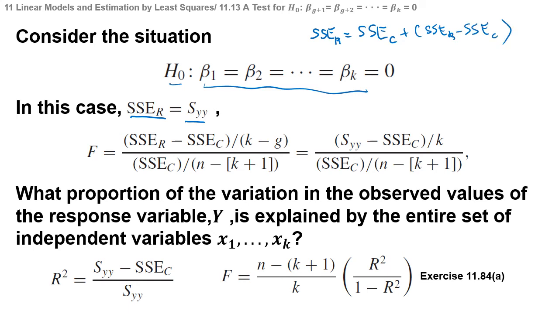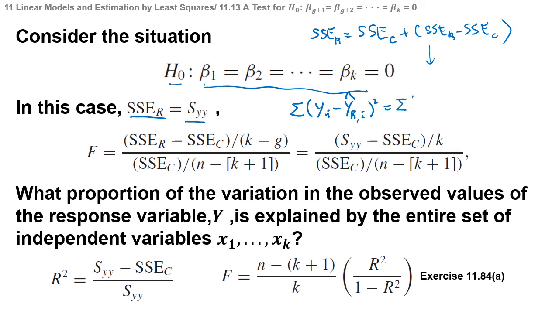And actually, SSE_R is the sum of squares of y_i minus y hat R_i, for the reduced space, so y hat R_i squared.